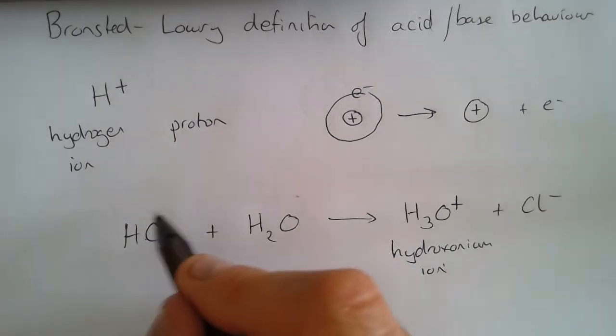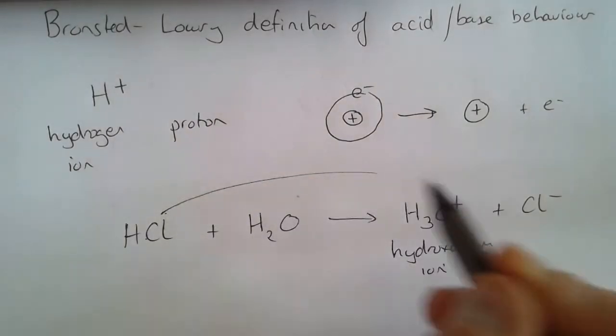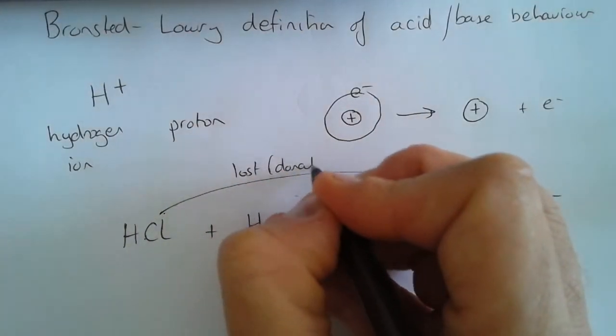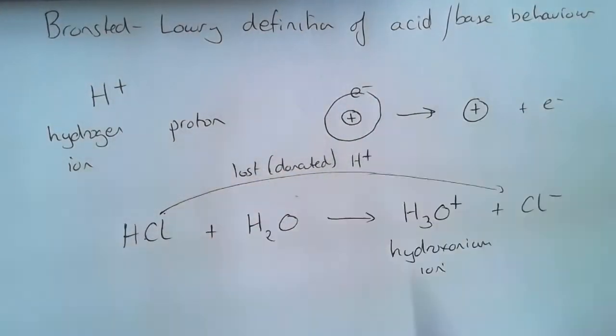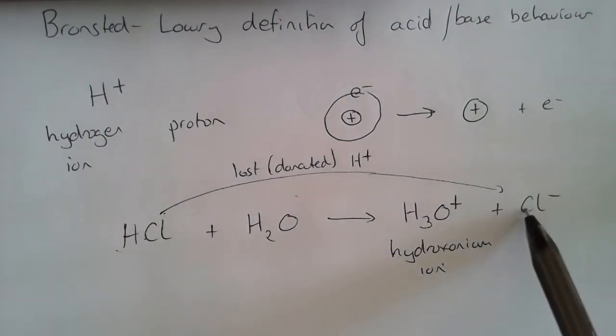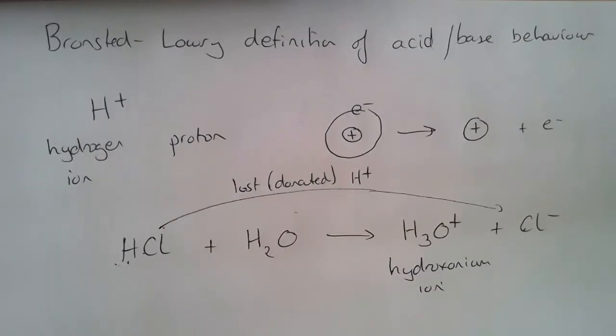So the hydrochloric acid has lost or donated the proton, so the H plus ion. If we have a look at it, it was HCl, now it's Cl minus, so it must have lost a H plus.